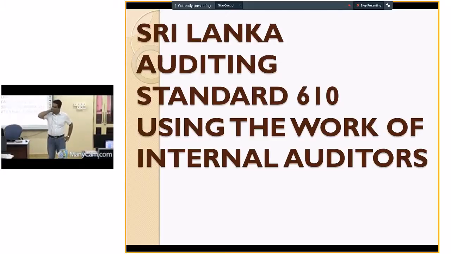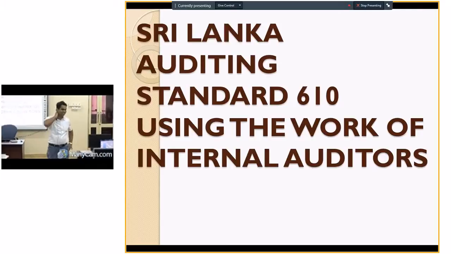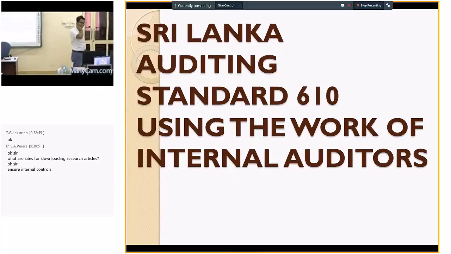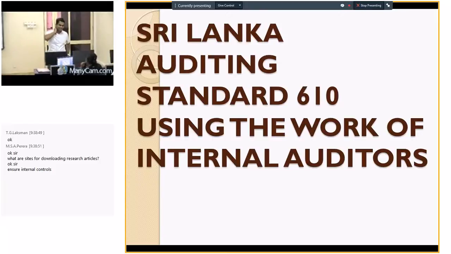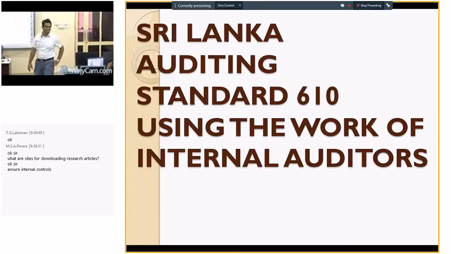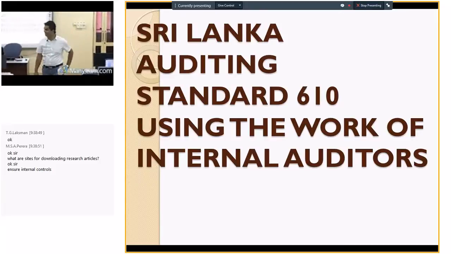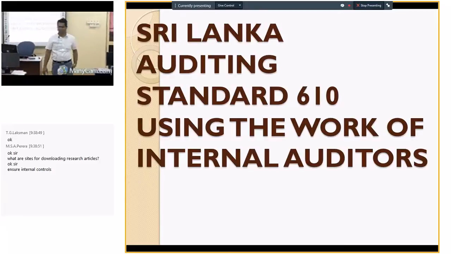Do you have internal auditors? Then what do they do? They are checking all the documents for what? To maintain the quality of the institute. Which quality? Prevent frauds and errors.